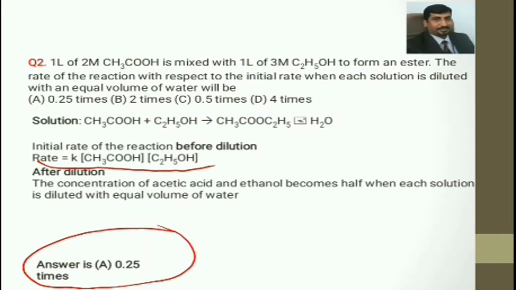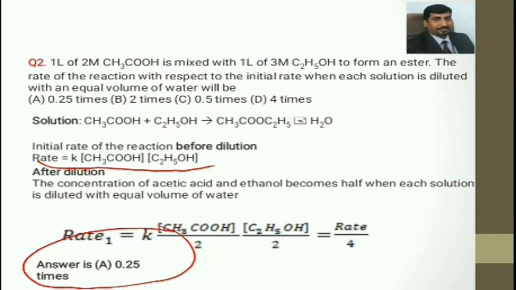If you take 1 liter of 2 molar solution and add another liter of distilled water into it, the concentration becomes 1 molar. It becomes half. So the concentration of acetic acid and ethanol become half when each solution is diluted with an equal volume of water.